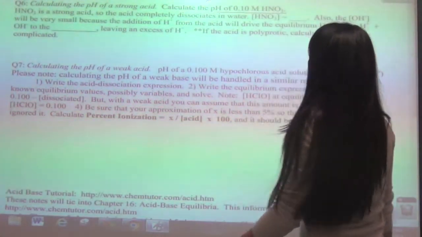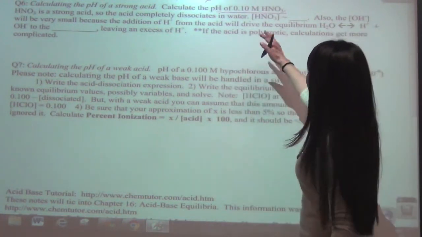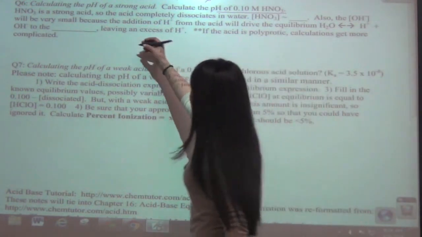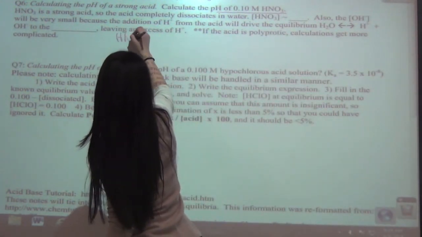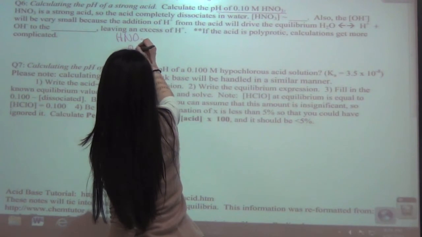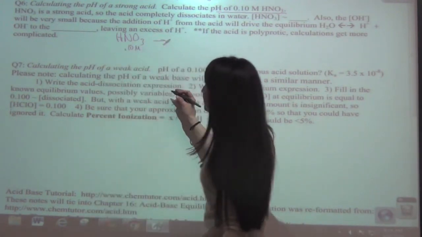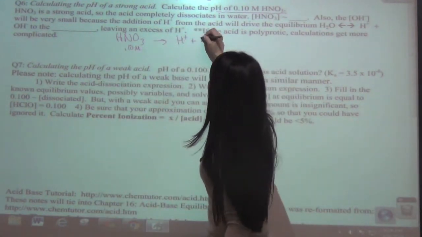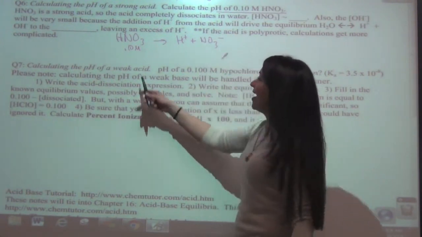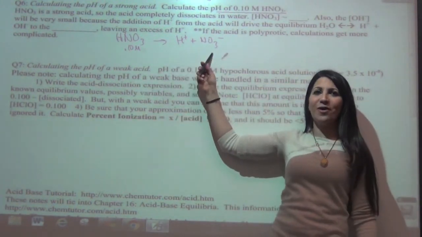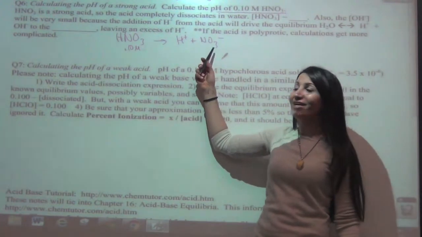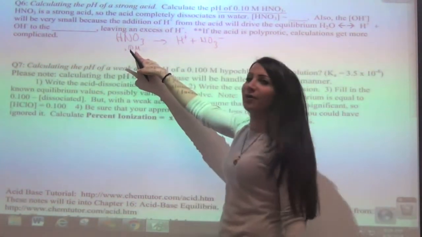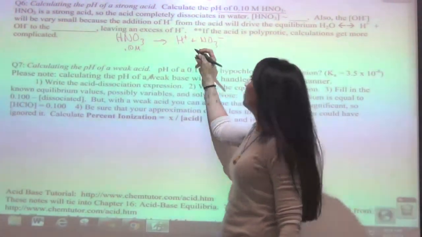If you have a strong acid, calculations are a little bit different from weak acids. HNO3 we know is strong, so the acid completely dissociates in water. If we have HNO3 in a 0.10 molar solution, it's going to break up into H plus and NO3 minus. How much of each will you end up having? That's 0.1 molar, so these should both be 0.1 molar.